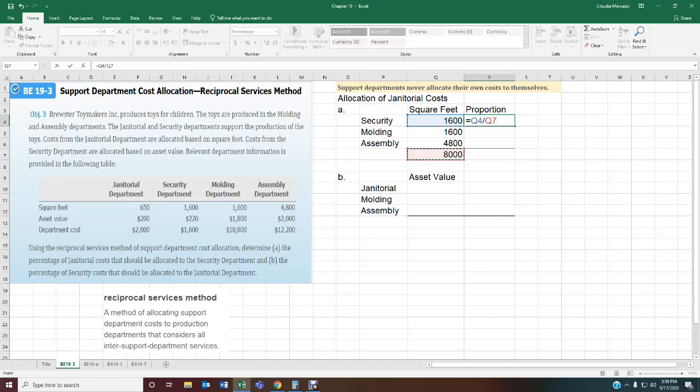So it's your department square feet divided by the total square feet. That means that the security department uses up 20% of the square feet that is cleaned up by the janitorial department. We're going to do the same thing for molding. The amount of square feet in the molding department divided by the total square feet gives me 20%. And the assembly department, I've got 4,800 square feet divided by 8,000.